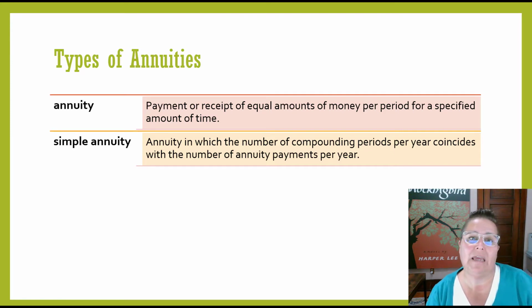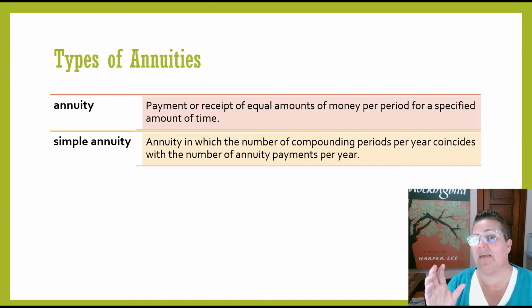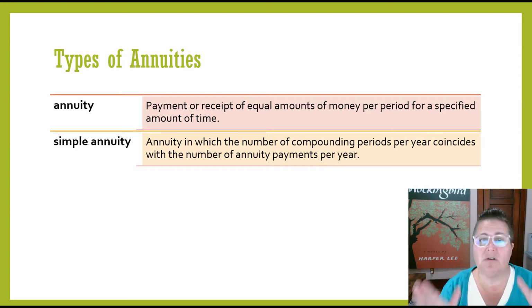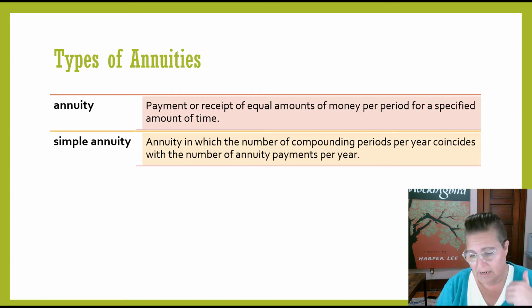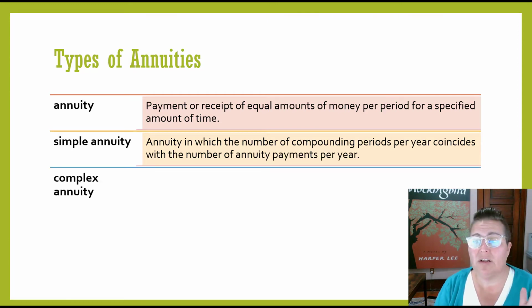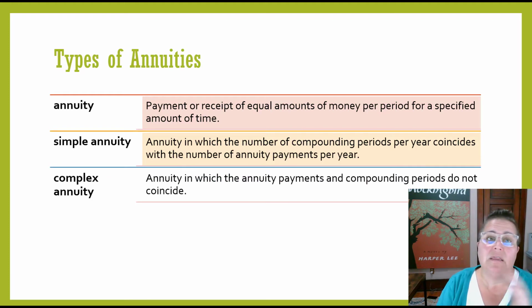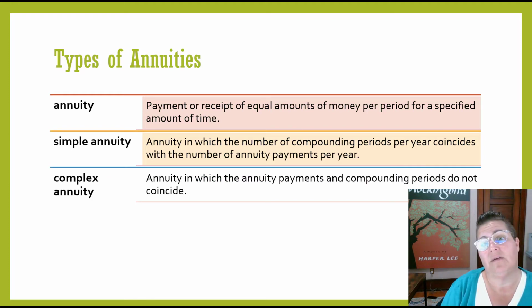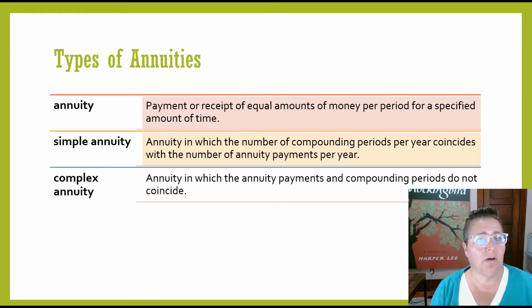If you're paying in quarterly, then that would mean the compounding has to be done quarterly. This is known as a simple annuity when the payment timing and the compounding schedule match up. All right? When they don't match up, that's called a complex annuity. In a complex annuity, the compounding periods and the payments don't coincide. So it might be compounding annually, but you're paying monthly. And if you remember partial payments, those are rough.